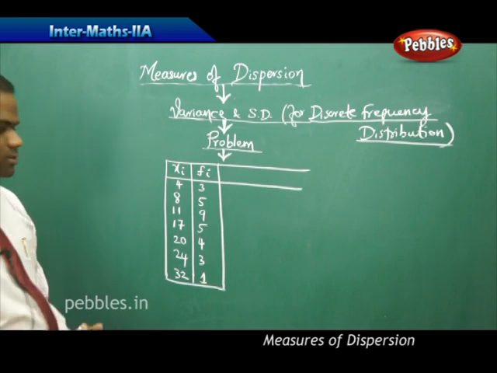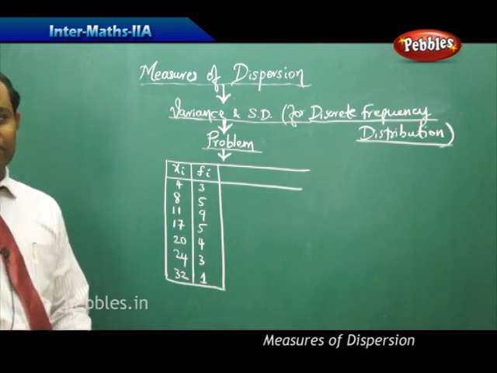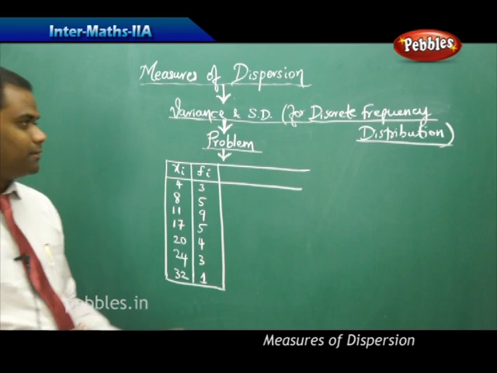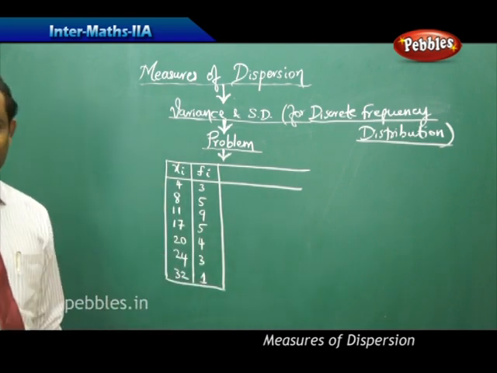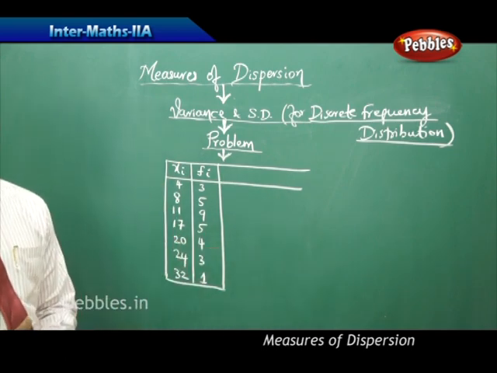With these xi and fi, I would like to find the variance and standard deviation for this entire discrete frequency distribution table.